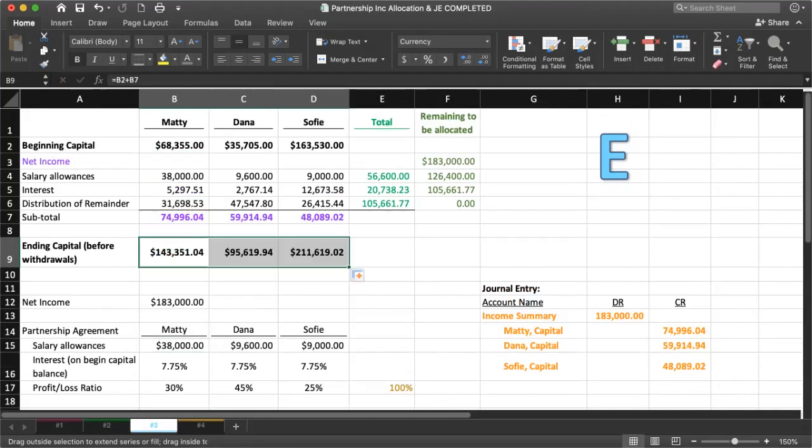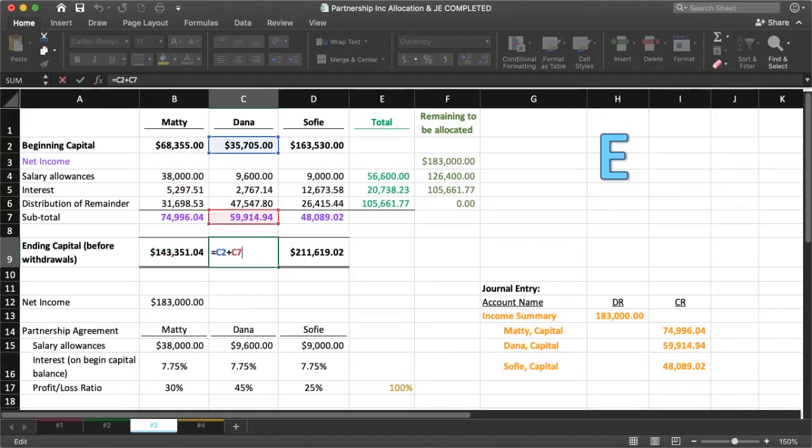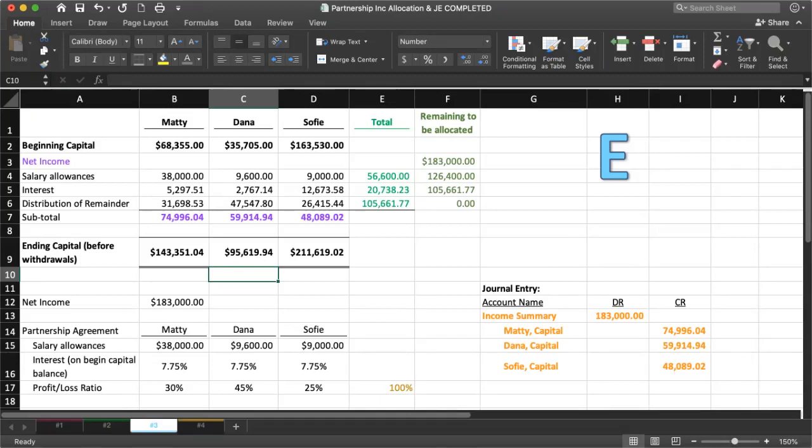And then I'm going to do the same for the other 2 partners. 35 plus 59 gives us 95,619, and for Sophie, 211,619.02.